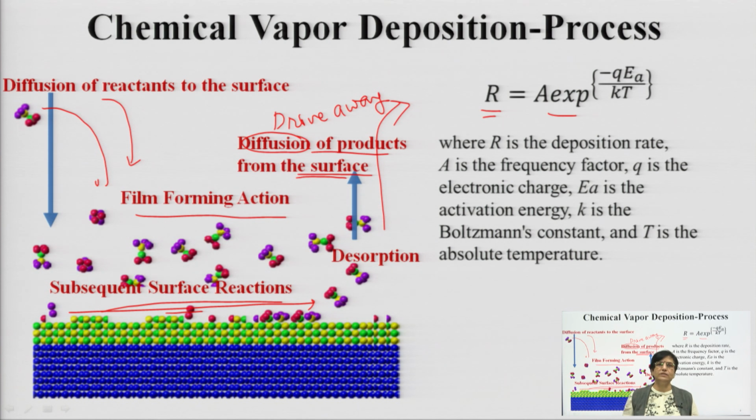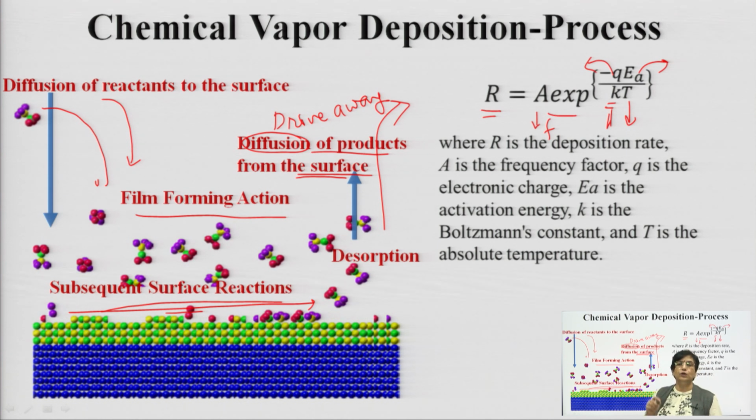It is the frequency factor A. Q is the electronic charge, EA is the activation energy with which those species are arriving, K is the Boltzmann constant, and T is the temperature.